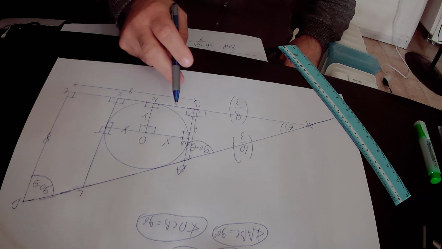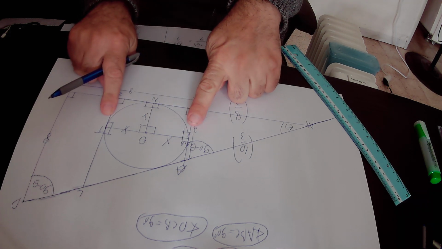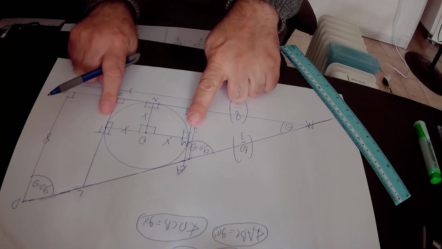Angle MOT is equal to 90 degrees plus 90 degrees, it is 180 degrees. Any angle that is equal to 180 degrees must be a straight line. If MOT is a straight line, then MT is also a straight line. But MT touches the circle at points M and T, therefore MT is a chord.